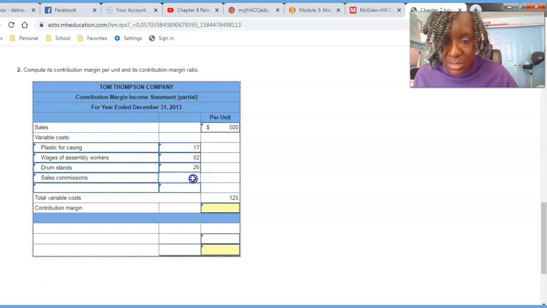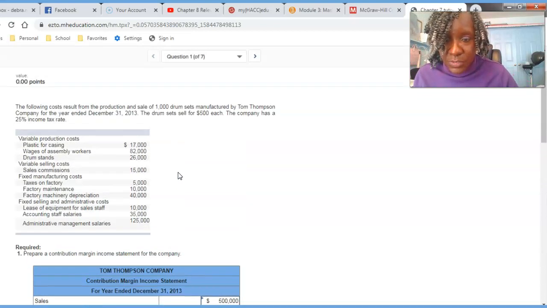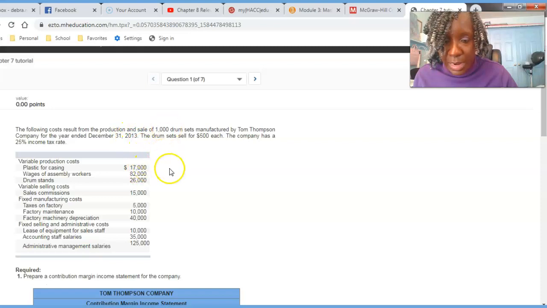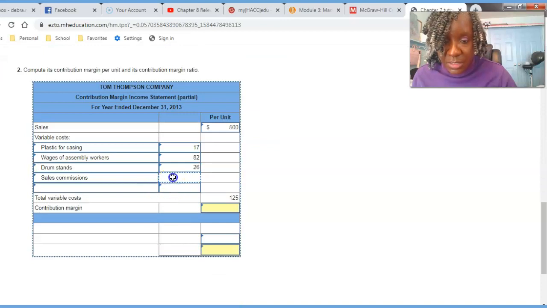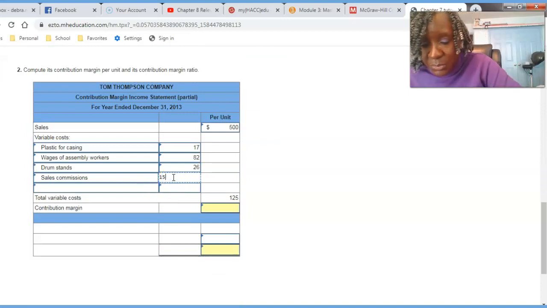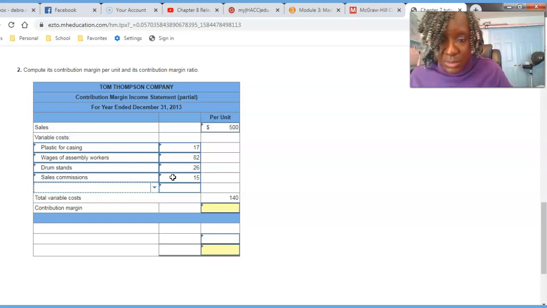Now the math on this is quite easy, but it does give you an idea. When we're trying to determine our variable amount, we have to divide by the number of units we're producing. So in the case of sales commission, it's going to be $15 because we're dividing the 15,000 by the 1,000 units.